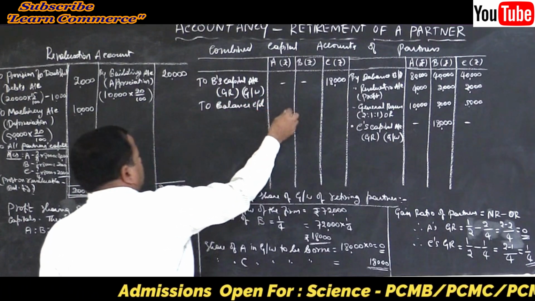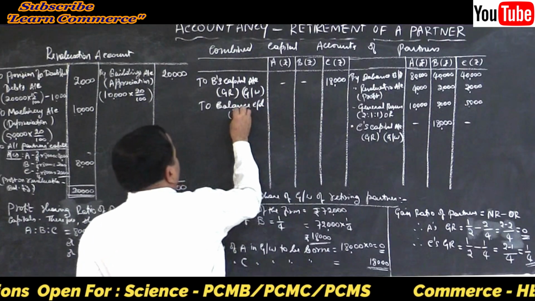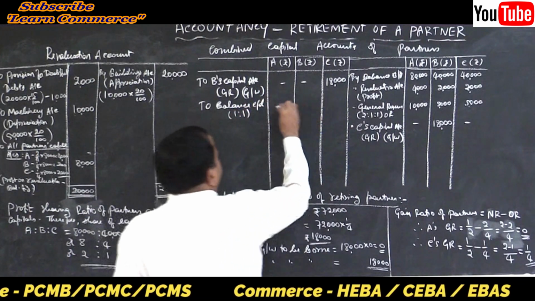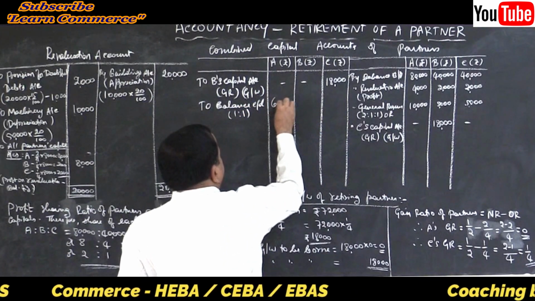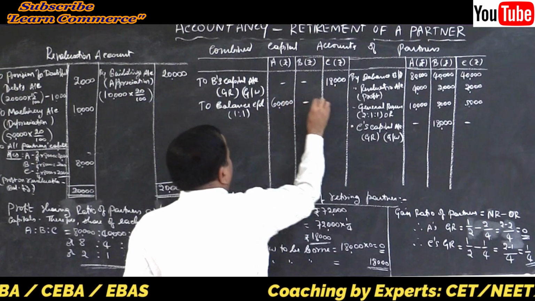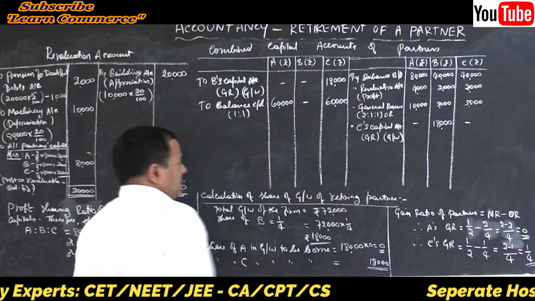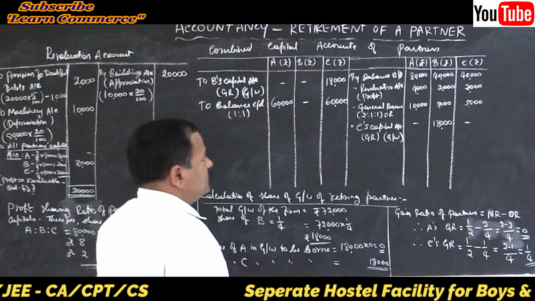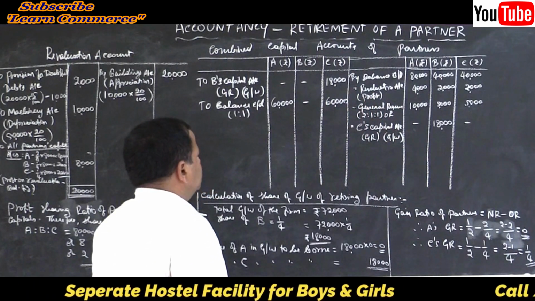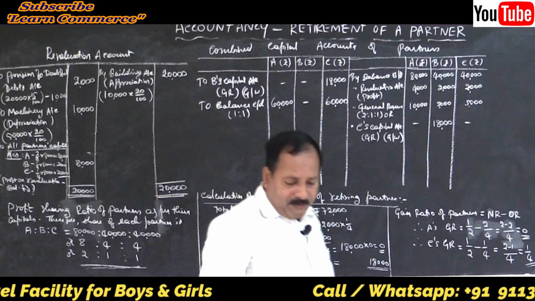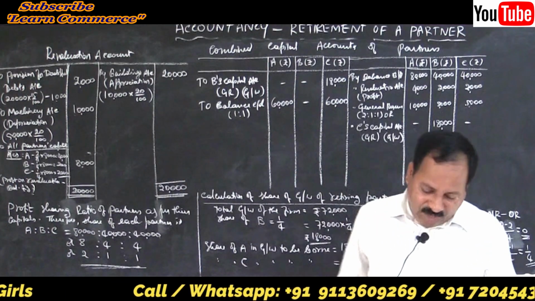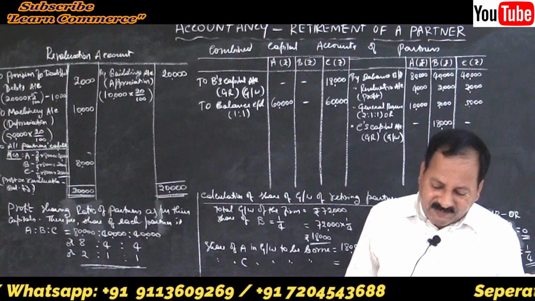It's mentioned in the problem, right? So equal 1:1, so 60,000 each among Amit and Chandru. Then what they told: adjustments are to be made in cash.